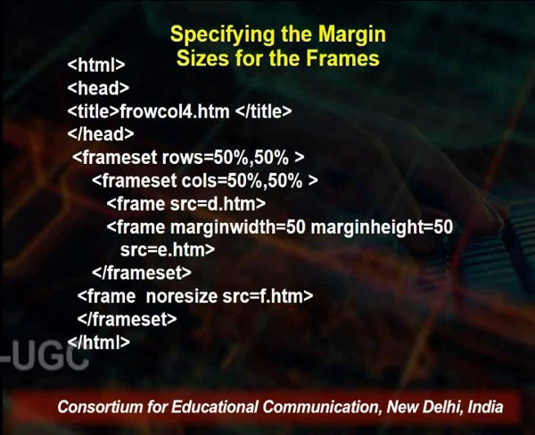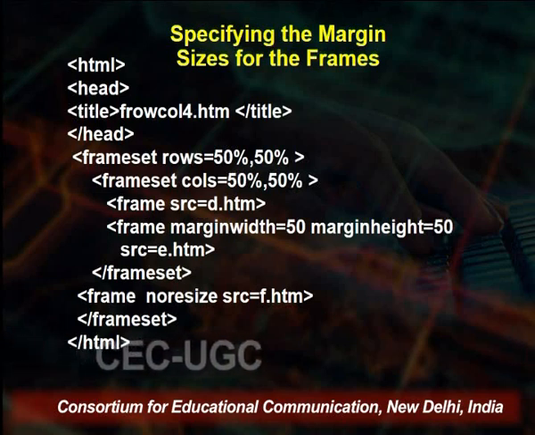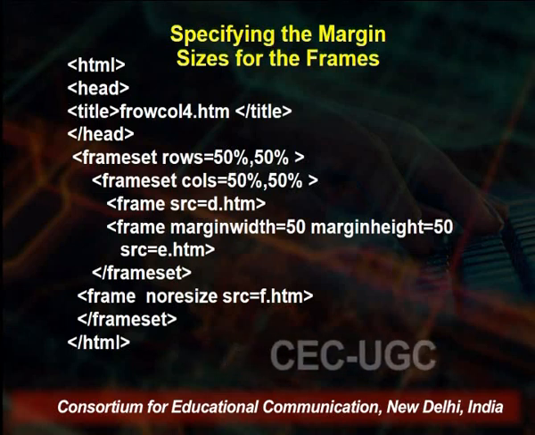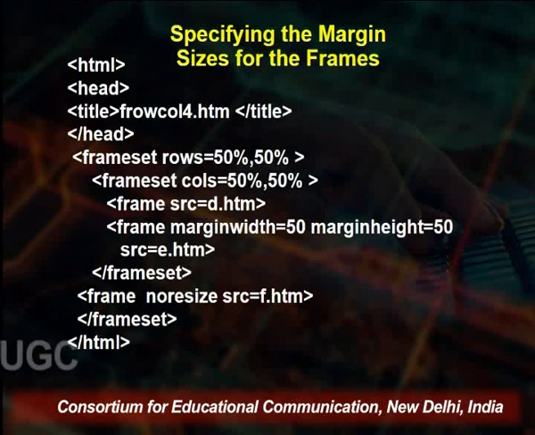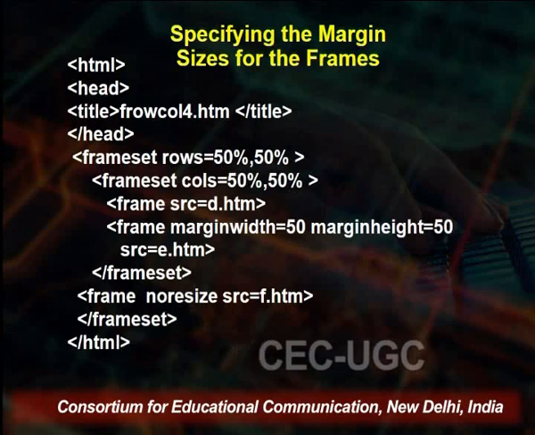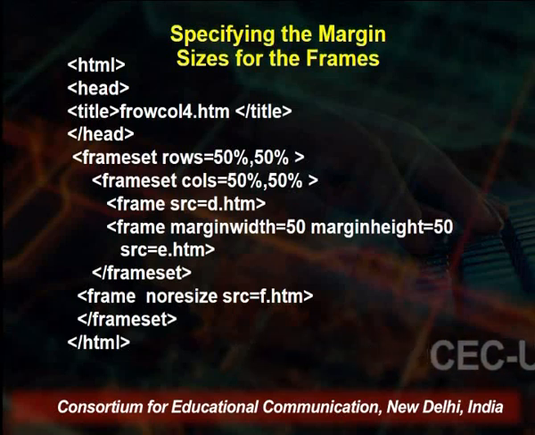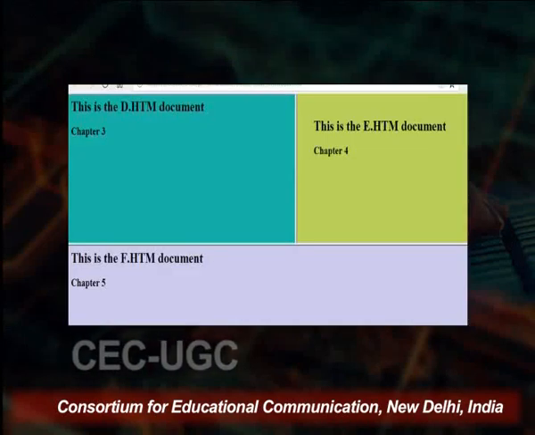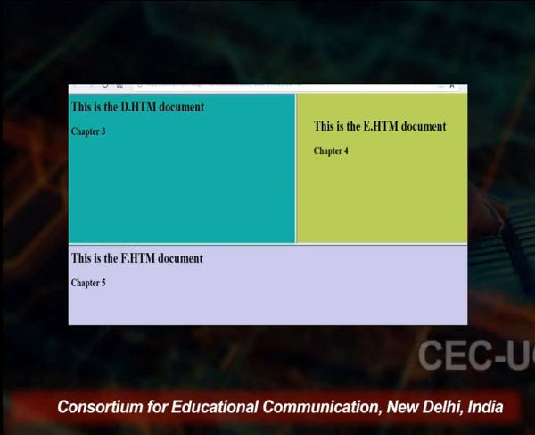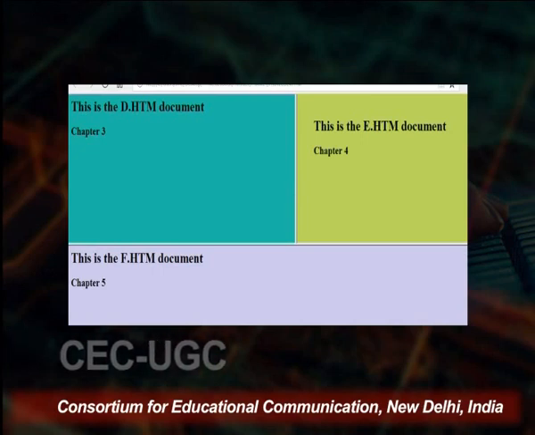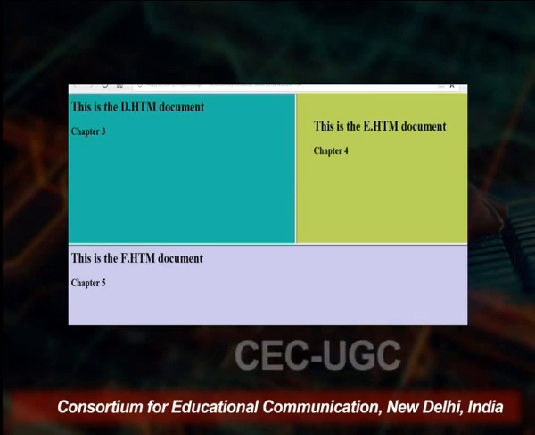In the next frame we have given noresize. Noresize means that the user cannot increase or decrease the size of the frame. For this you simply write the word noresize within the frame tag and the user will not be allowed to resize it. So you can see here that you have the 3 frames, and between the second and the third frame there is a margin which has been left, which has been shown.